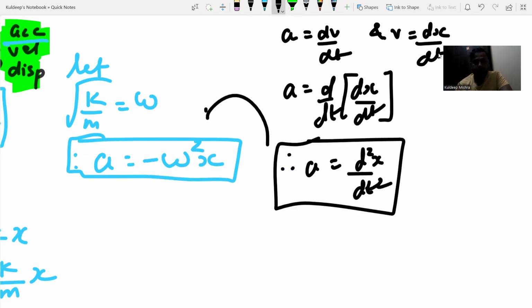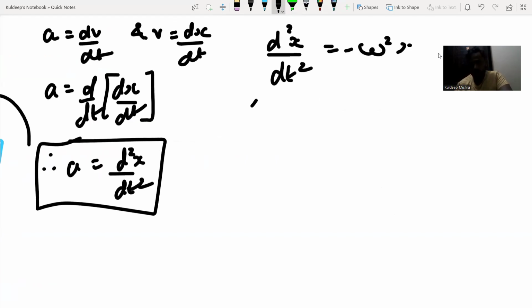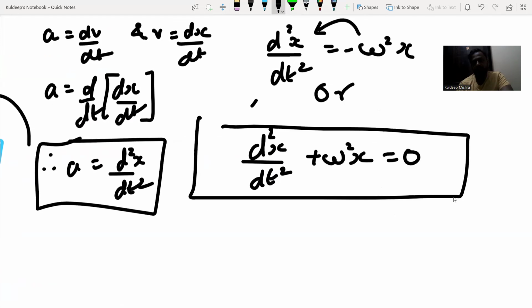If I put this here, I get d square x over dt square is equal to minus omega square x, or taking this on the LHS, d square x over dt square plus omega square x is equal to 0. This is the differential equation of a body performing SHM.